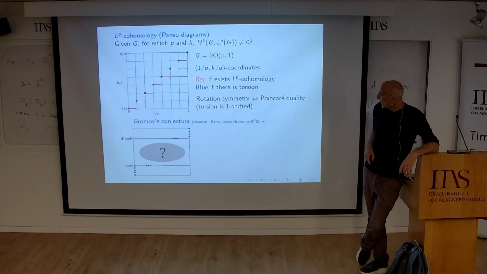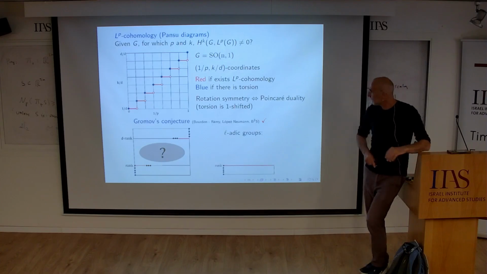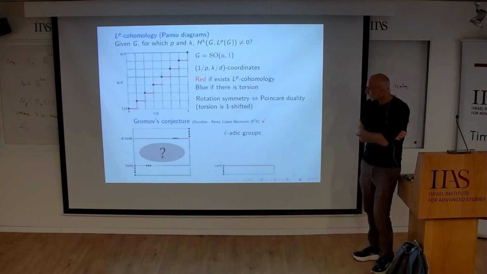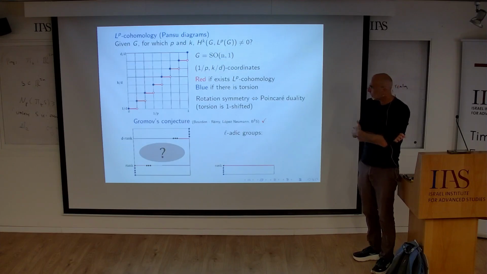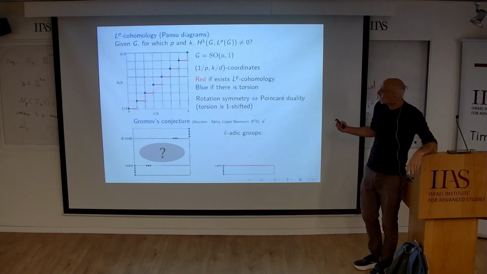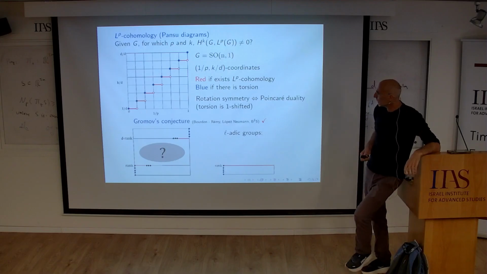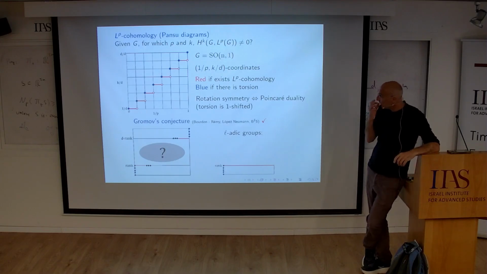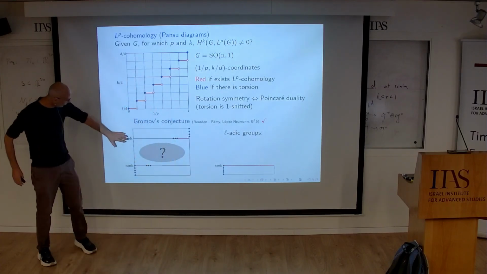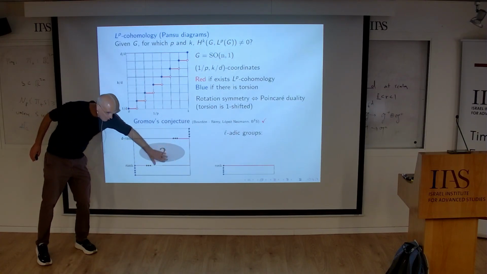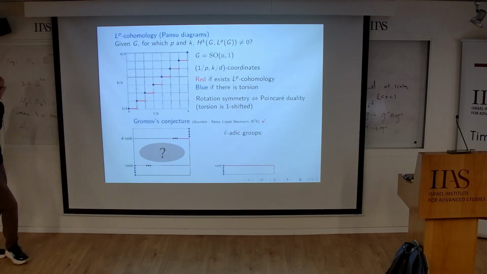But now let me come to Gromov's conjecture. Gromov tried to understand this and reflect on this and come up with a picture for higher rank symmetric spaces. He didn't make a very precise conjecture. He didn't say anything about this gray area over here.